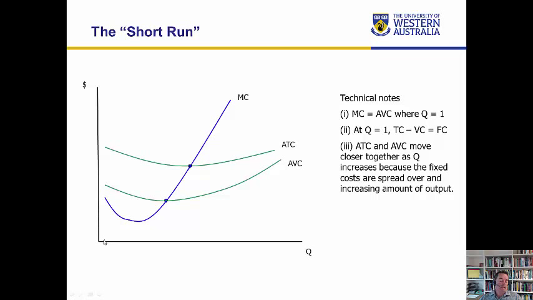Now, if we consider the marginal cost of the first unit, the marginal cost curve is going to come up and it's actually going to be at the same point as average variable cost. Some of you may need to think about that, but I've got it over here in the technical notes on the right. The marginal cost of the first unit of production might be, say, $50.